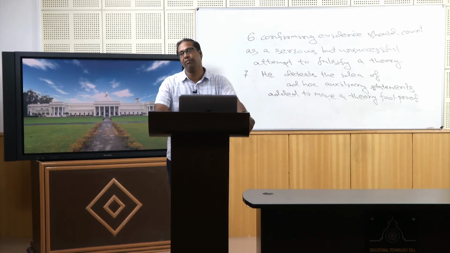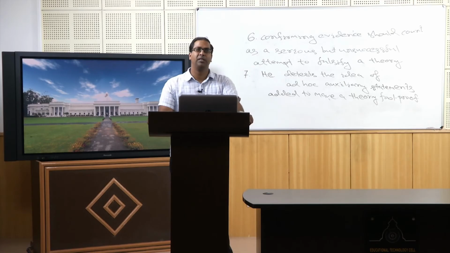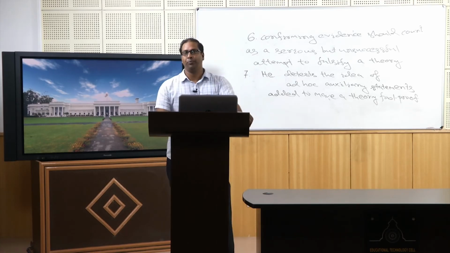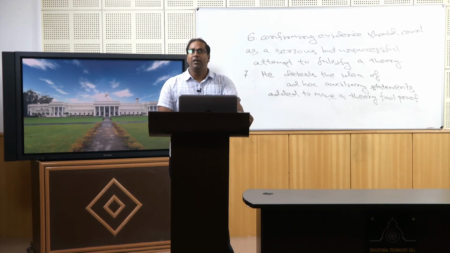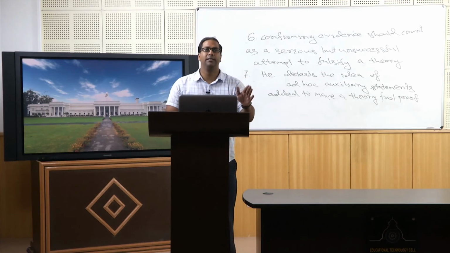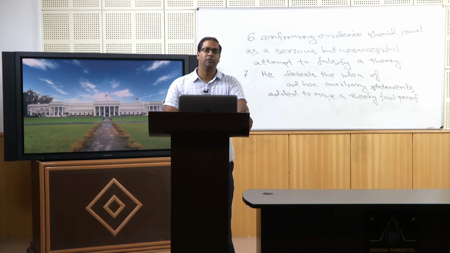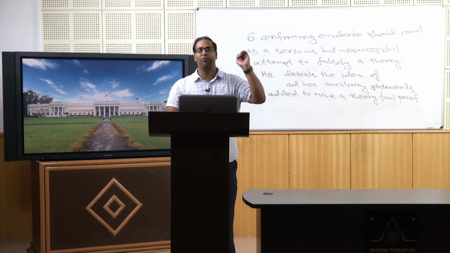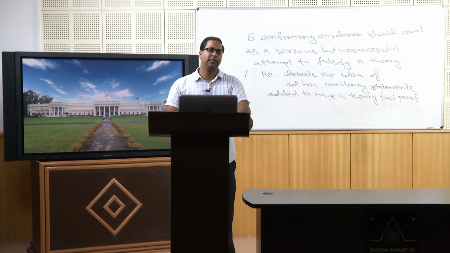If a theory cannot be falsified, then that's not a good theory, because for him the simple logic is that it is absolutely possible to reject a theory. One counter-instance can reject a theory, but it is not possible to find evidence to confirm every theory. So why not take falsification as a criterion?